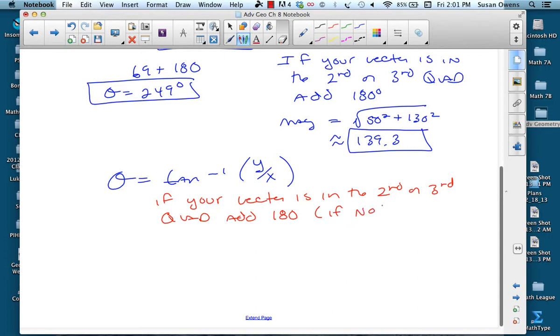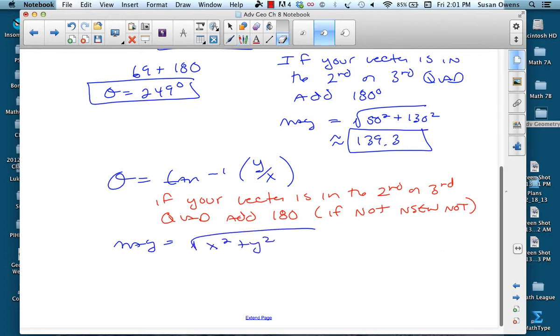If not, north, south, east, west notation. And then the magnitude is always just the Pythagorean theorem on the coordinates. So really there's four formulas. You've got the x notation, you've got the y notation, you've got the angle, and you've got the magnitude. Questions?